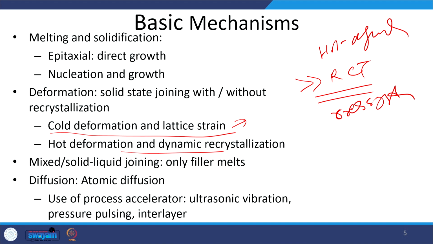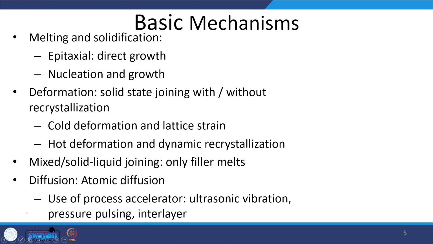Whatever effect is experienced by the grains will be neutralized due to the dynamic recrystallization that happens during welding at a higher temperature above the recrystallization temperature. So, in solid state joining, whether it is friction welding, friction stir welding or hot forge welding, under those conditions there will be deformation, but deformation coupled with recrystallization, and that will lead to a reduced work hardening effect.